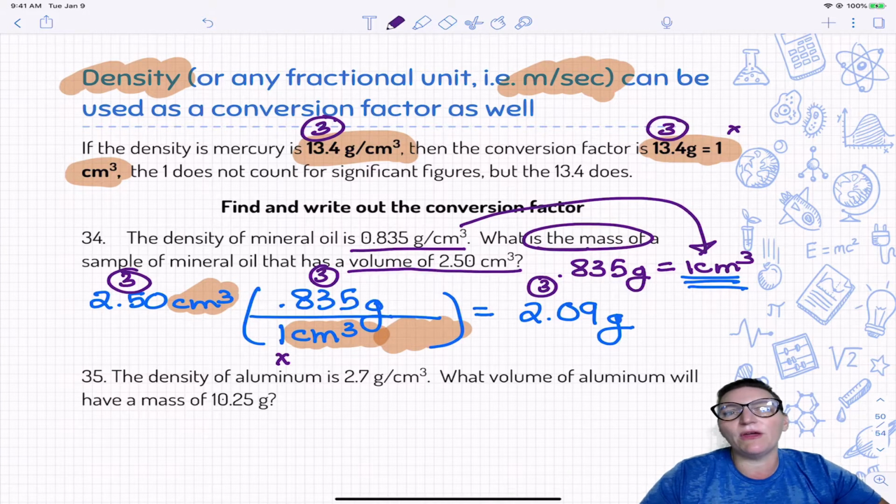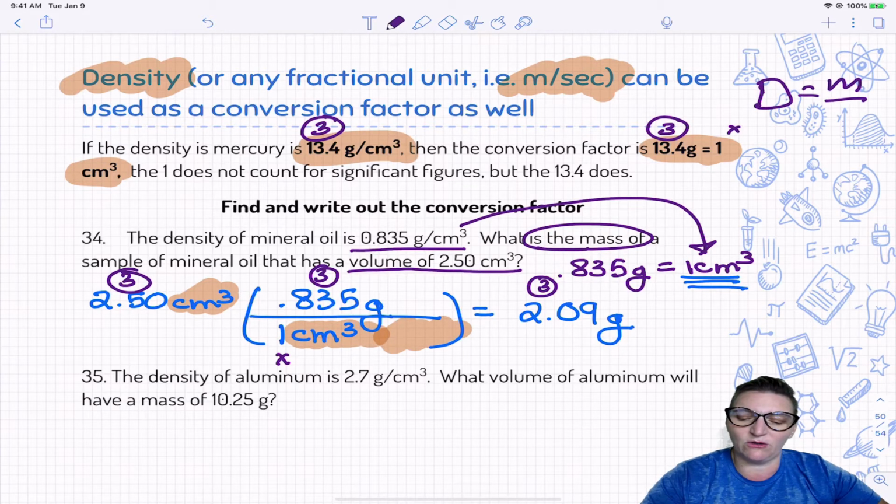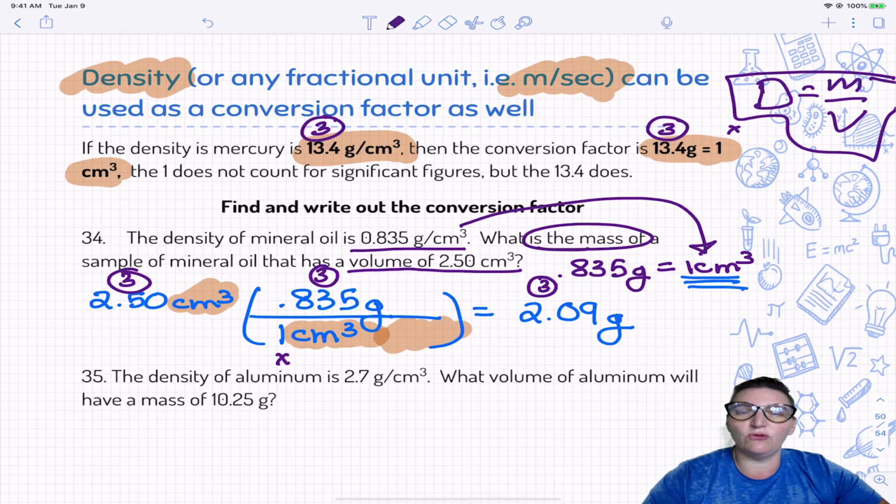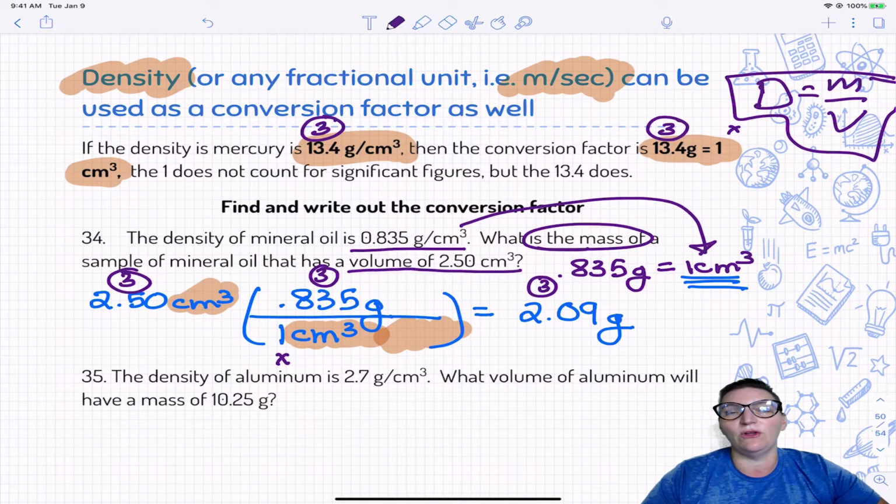Okay. I know that we have done density problems in other videos where we've used the formula, density equals mass over volume. And you could use, this is just another way of doing these problems, but I want us to learn how to use dimensional analysis. That's a very important skill.